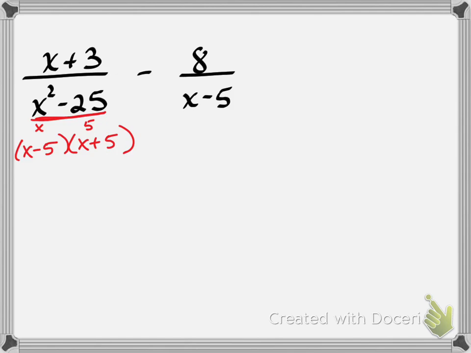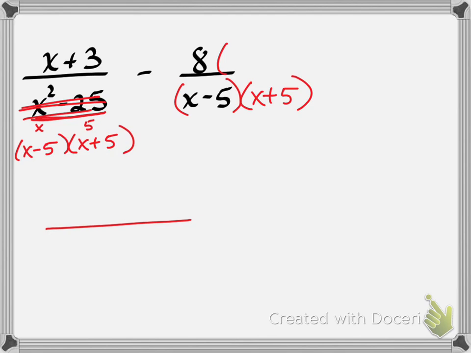So this denominator is x minus 5, x plus 5, just written a different way. So now when you look at your two denominators, I've already got the x minus, I'm going to make them match first. This one already has x minus 5, it just needs the x plus 5, top and bottom. So our denominator is x minus 5, x plus 5.